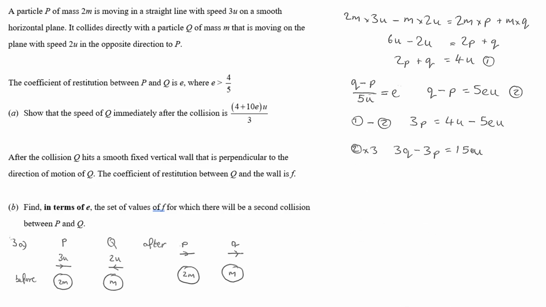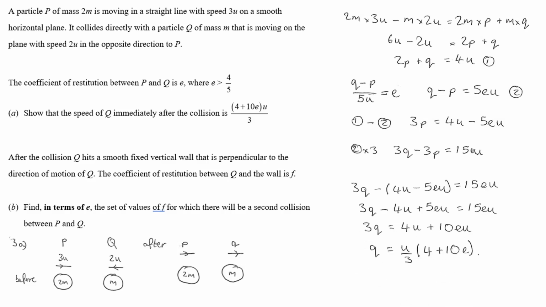And then what I did was, as it says there, equation 2 multiplied by 3. The reason I did that was I had, you know, it says 1 minus 2. I had that in terms of 3p.